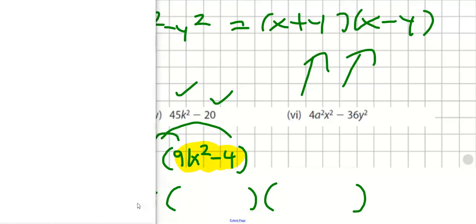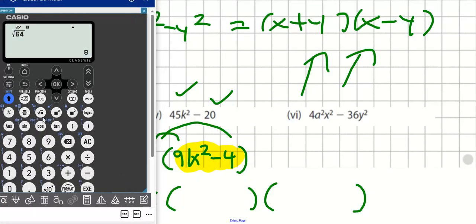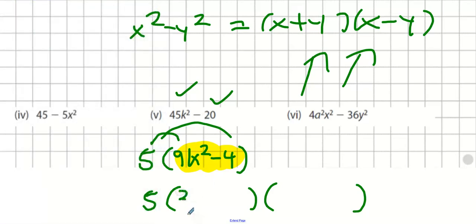Okay, let's square root 9 using the calculator. So, we're going to put in 3k and another 3k. What number, when you multiply it by itself, gives you 9? Now, what about the 4? Plus 2 followed by a minus 2. It's always a plus followed by a minus. And you're done. Who beat me to it?